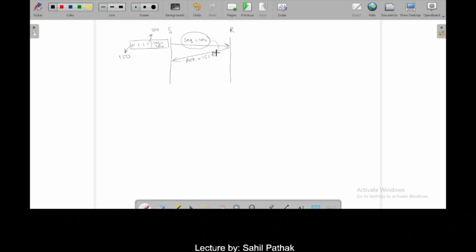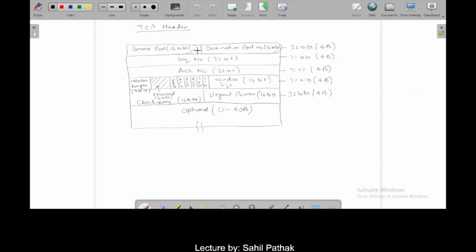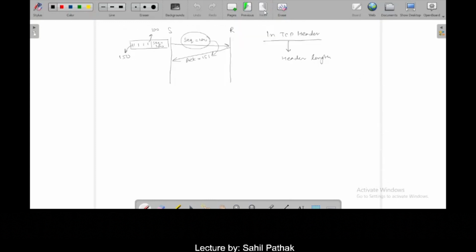So here I can say that in the TCP header, this is the TCP header, there is a field called header length. Okay, but there is no such field for total length.